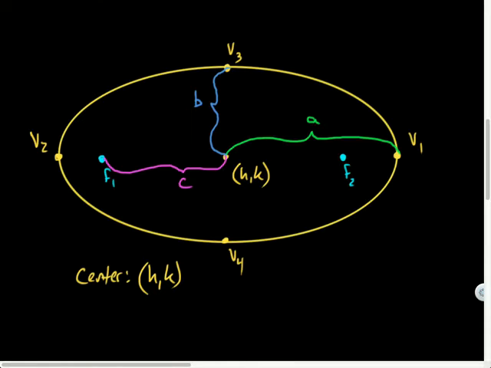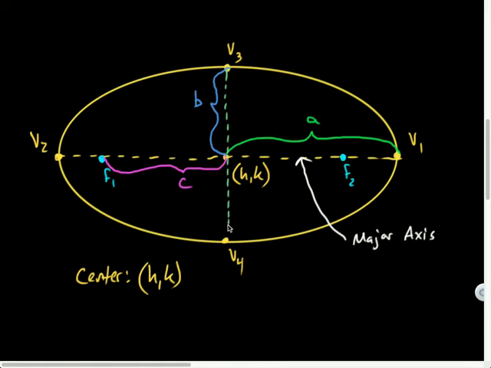Some names of things. The longest distance across is called the major axis. So there's a lot of vocab here. The shortest distance across is called the, you probably could guess it, minor axis.